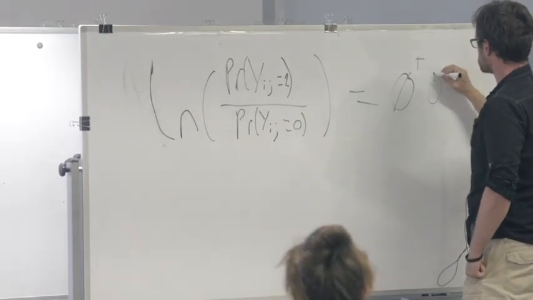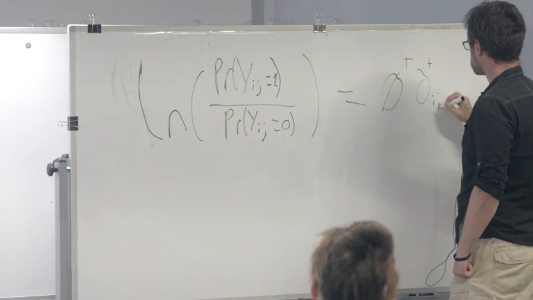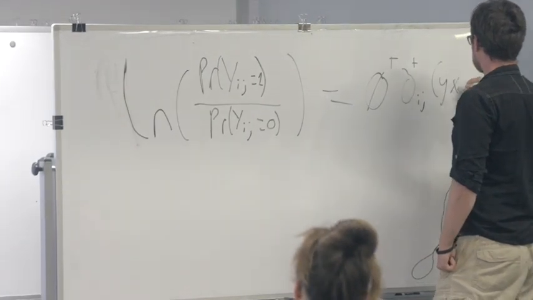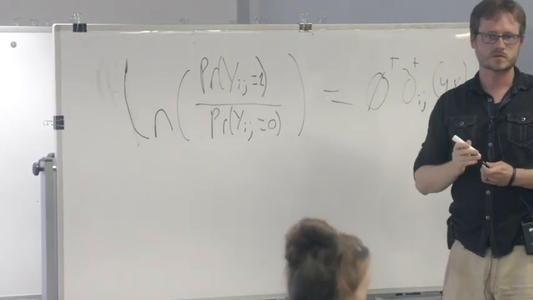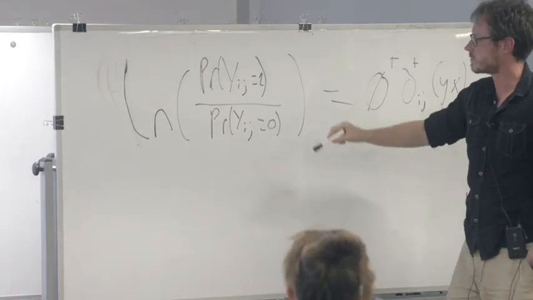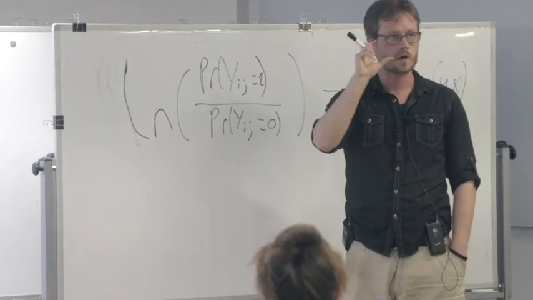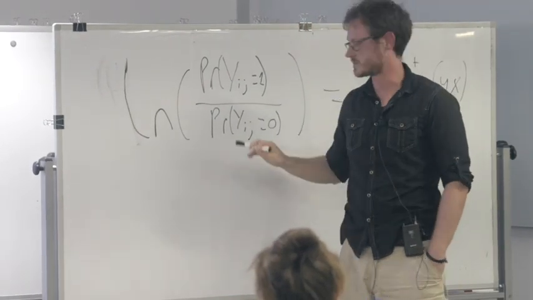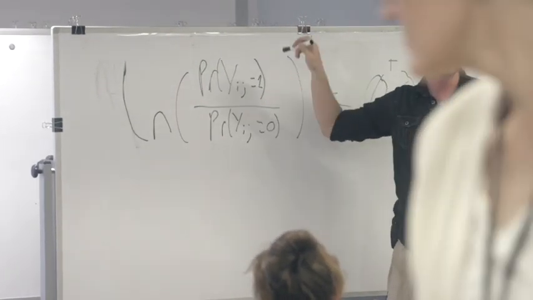And so this functional form should look relatively familiar, because it is the exact functional form of logistic regression. What we have here is the probability of observing whether a tie exists or does not exist, divided by the probability it does not exist. So this is just our log odds ratio.